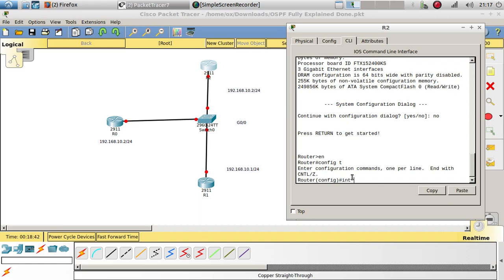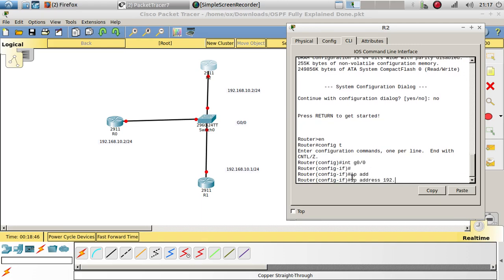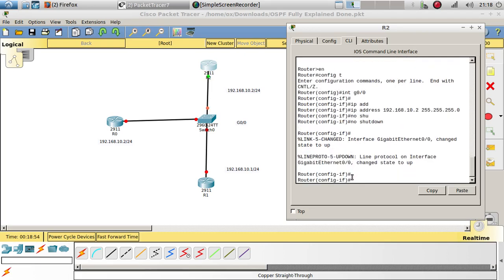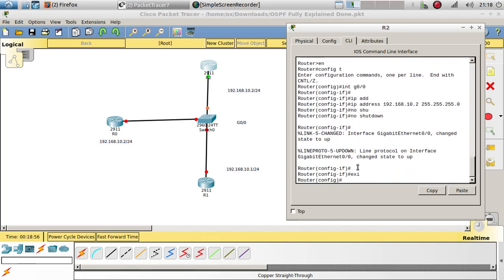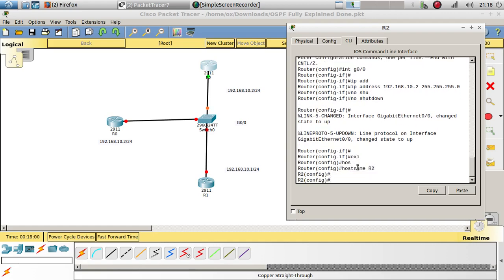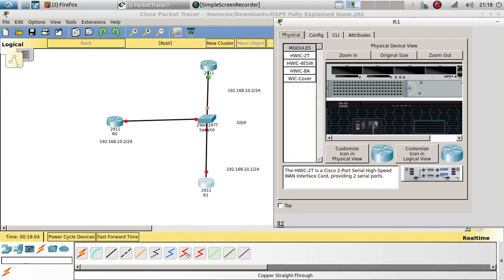So let's go to interface gigabit 0/0, IP address 192.168.10.2. No shutdown. Here we go. We can just exit out of here. Let's give it a host name of R2. Let's go ahead to R1 and do the same thing.